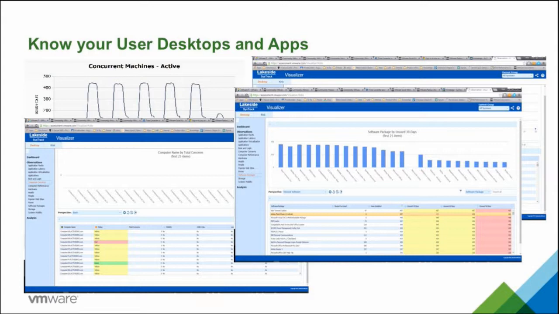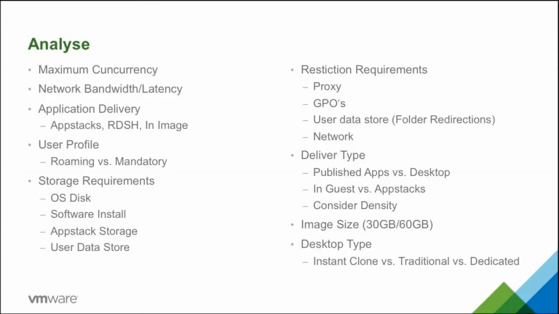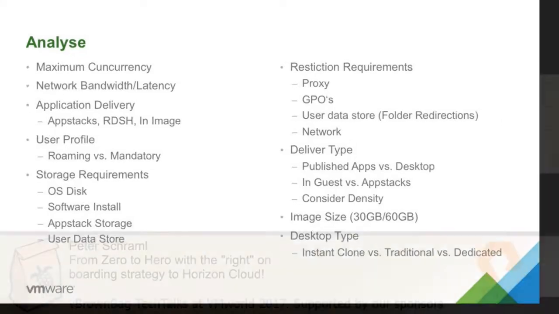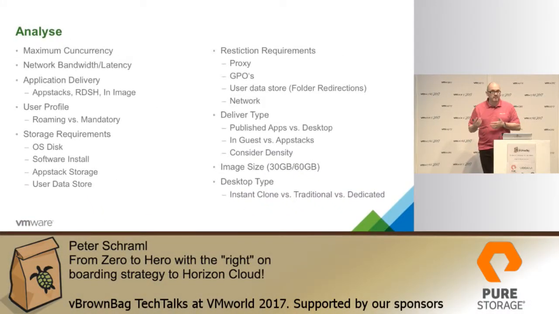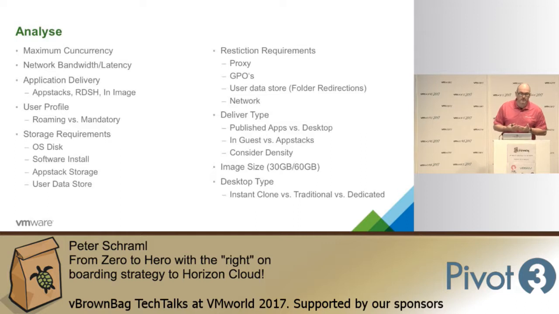So in an analysis phase, it's really important to look at the maximum concurrency, as I alluded to, and network bandwidth and latency, especially if you are sitting in an area where we don't have a data center in that location, then latency definitely becomes something you need to consider.